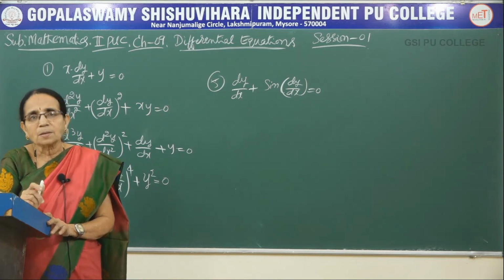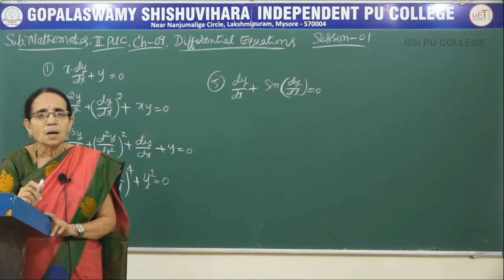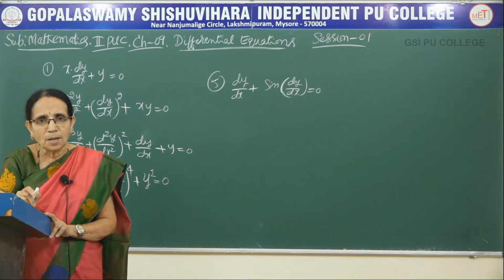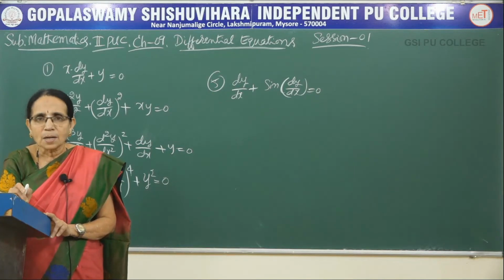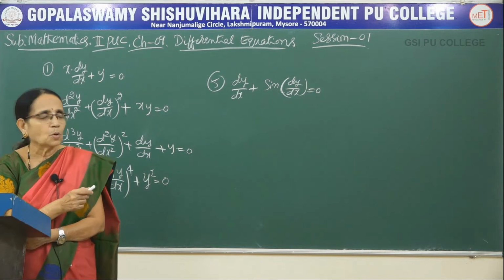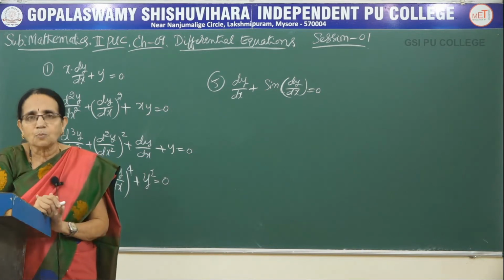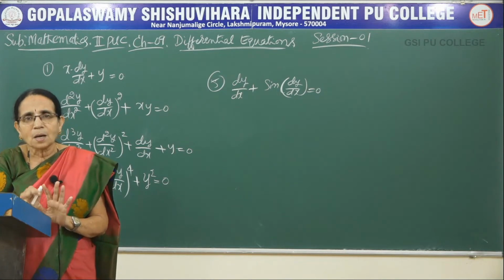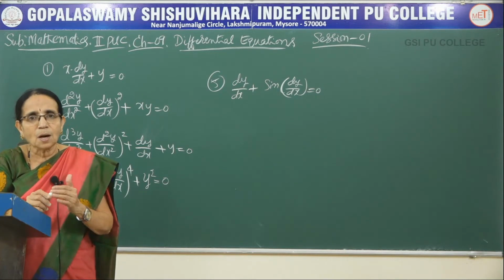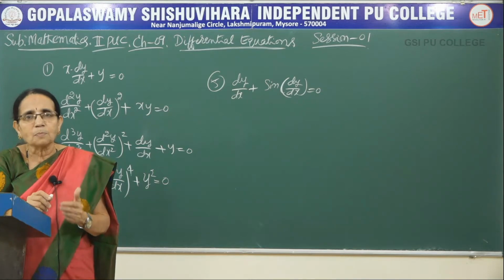The next one is part C. A 3-mark question would be asked where you have to solve a differential equation. Again, in part D, for a 5-mark question, another problem where you have to solve the equation would be given to you. So these are the 3 types of problems in part B, part C, part D you will be having in the present question paper according to the model paper sent from the department.